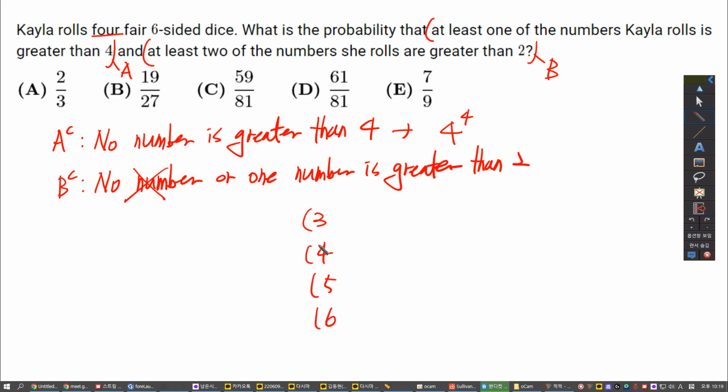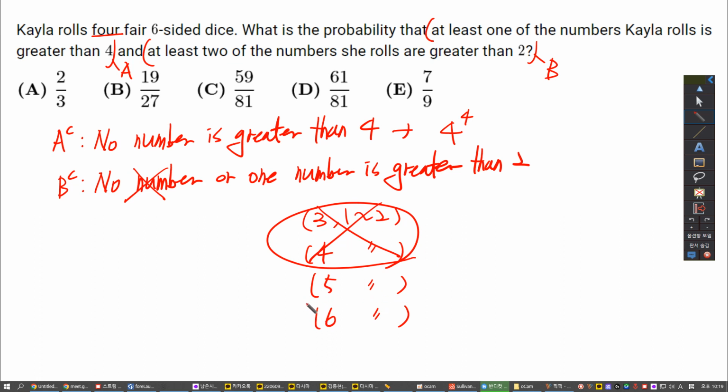One number is made of one of these, and then the other three numbers will be made of 1 or 2. But once again, the cases with 3 or 4 are already included in A's complement because in this case all numbers are less than or equal to 4. So we don't have to think of this case.